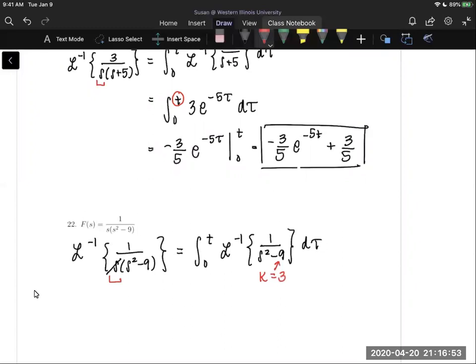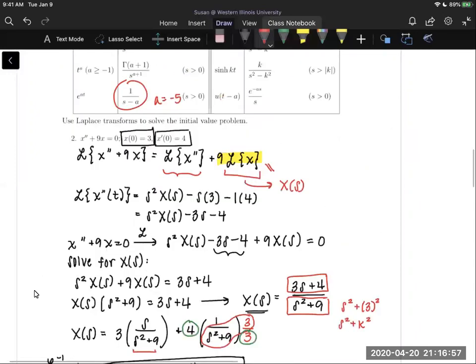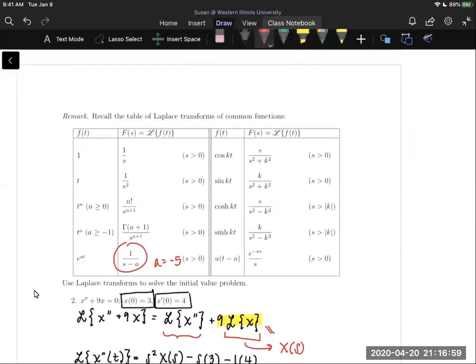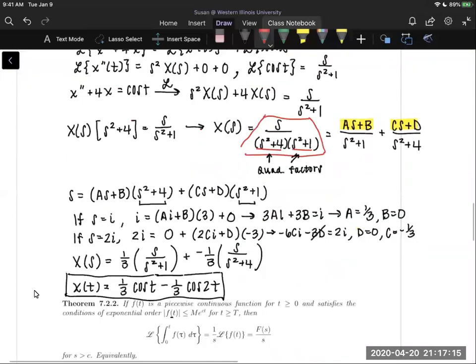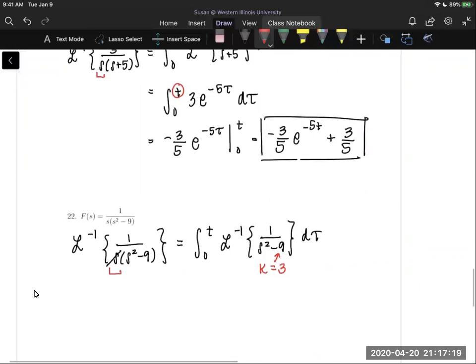And so if I look back up at my table, s squared minus k squared is one of the hyperbolic trig functions. Now, I don't particularly want to introduce an s on top, but I'm okay with introducing a constant on top. So what I'm missing is a k value there on top to get a sinh popping out. So what is my k value? My k value is 3.